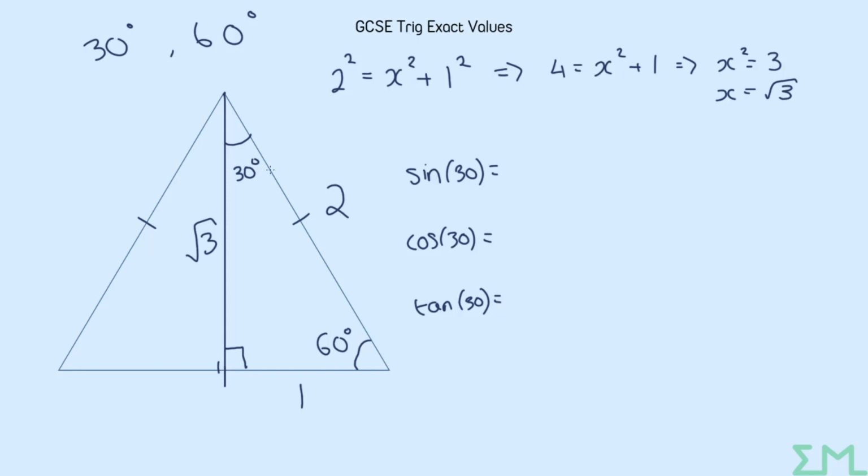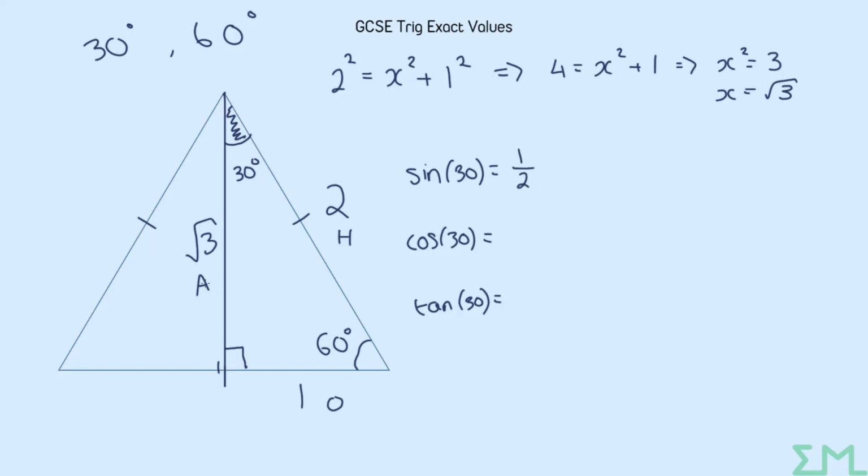So sine 30, that means we're focusing on this angle, and we're going to be using this as our opposite, this one as our adjacent, and this one here as our hypotenuse. In fact, this one will be the hypotenuse always. It will be the adjacent and the opposite that swap around when we change angles. Anyway, so sine 30, opposite over hypotenuse, 1 over 2. So that's just a half.